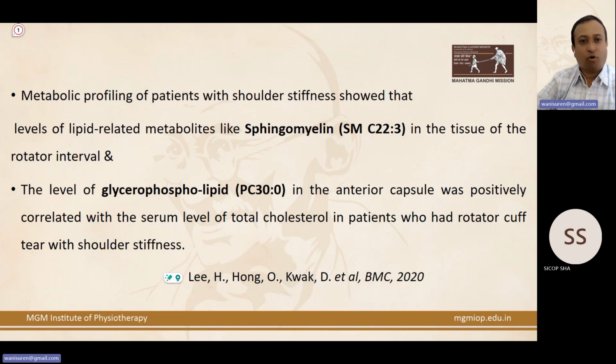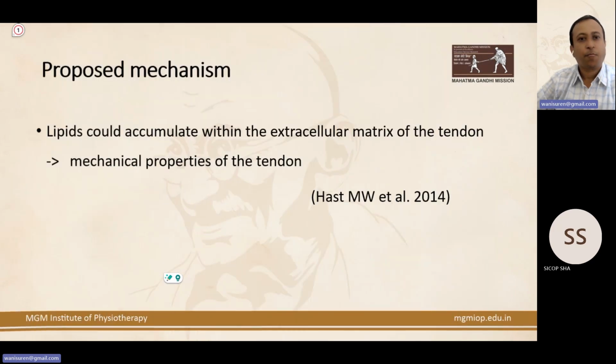They are prominently present in the tissues of the rotator cuff interval and in the anterior capsule, which was positively correlated with the serum level of cholesterol in patients who had rotator cuff tear or stiffness. So these lipid-related metabolites were found in the tissues of patients with frozen shoulder or stiffness.